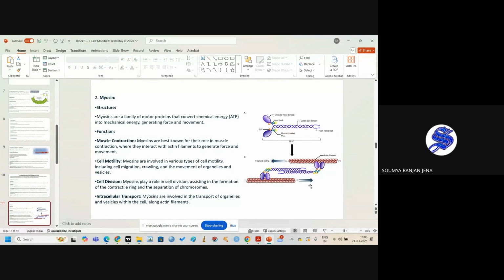If we go to the main structure of myosin, it is a dimeric structure with a coiled domain, and the tail is a non-helical coil-like structure, which is required during the muscle contraction process, and this is called the sliding filament theory.